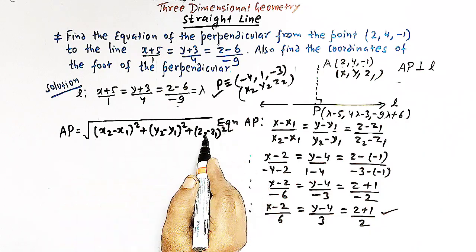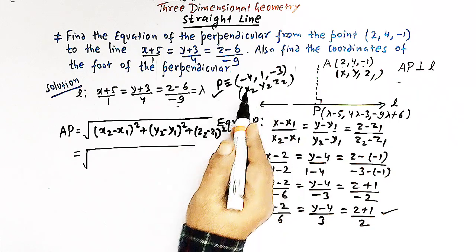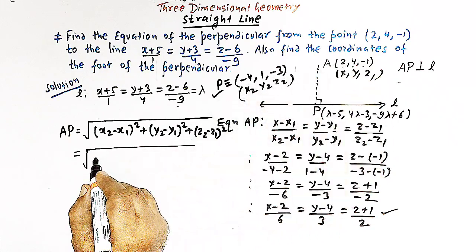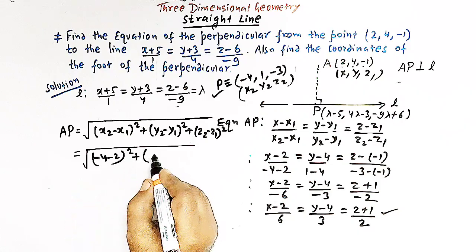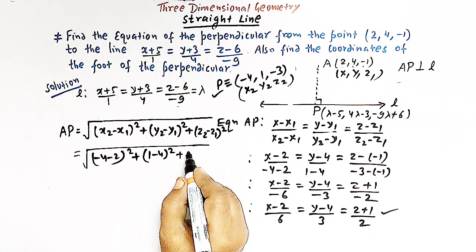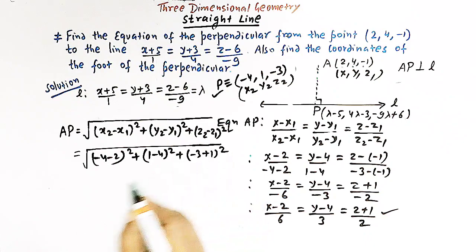So this is the distance formula. So substituting the values, we have minus 4 minus 2 square, then we have 1 minus 4 square, and then we have minus 3 plus 1 square, right?